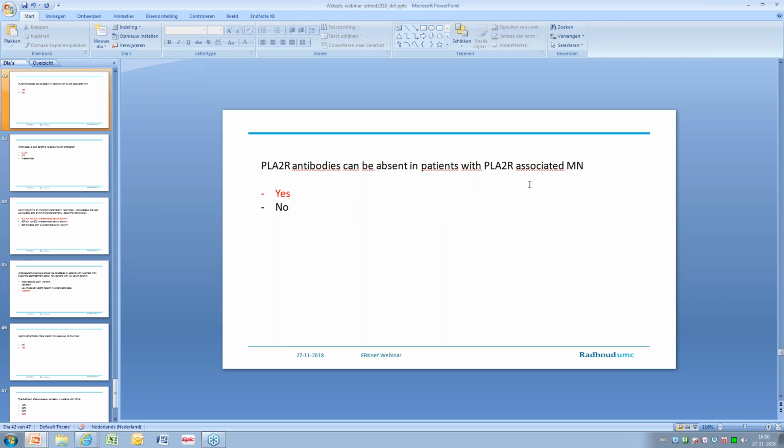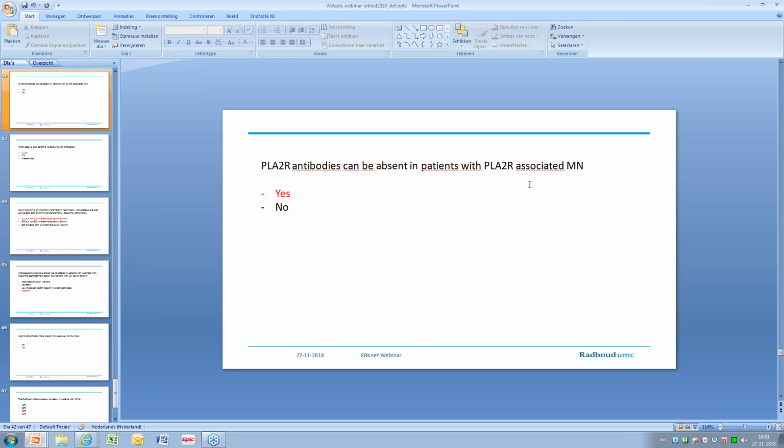So we have questions asked by pediatricians, and the question concerns the screening and presence of PLA2R antibodies in children. Yeah, I'm aware that the prevalence of antibodies against PLA2R in children is lower. I think it's important to realize that in children the epidemiology of membranous nephropathy might be different.